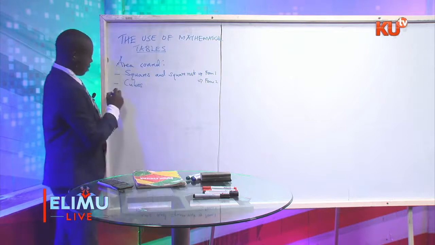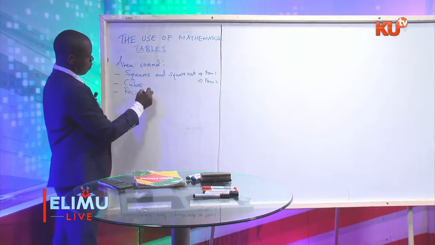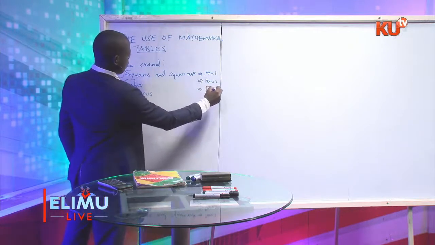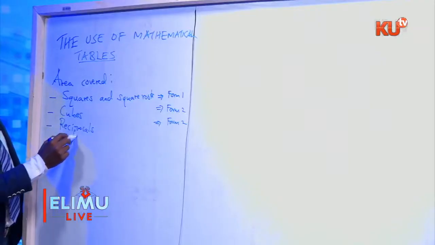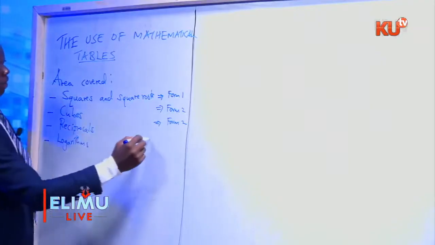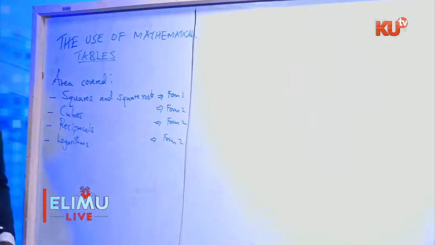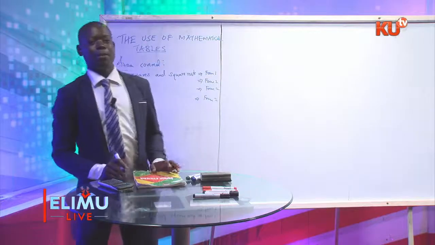Number 3, we shall have an aspect on reciprocals. This is covered in Form 2. And then number 4, we shall have an aspect on logarithms, which is covered again in Form 2. That does not mean that these are the only areas that require the use of tables.